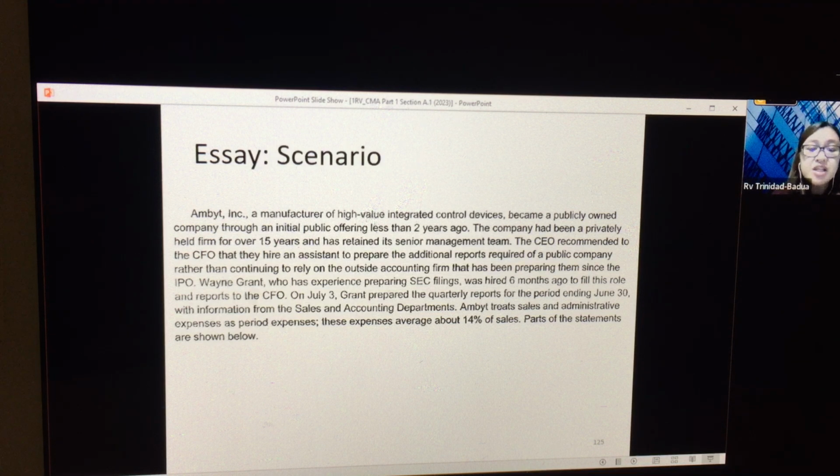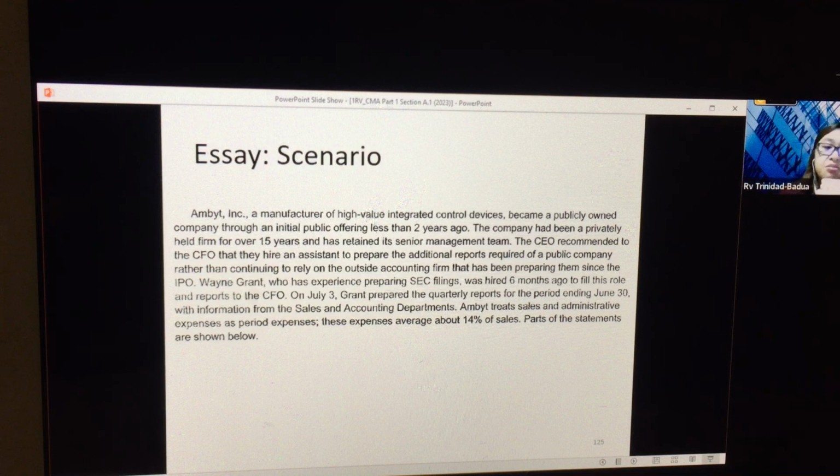Wayne Grant, who has experience preparing SEC filings, was hired 6 months ago to fill this role and reports to the CFO. On July 3, Grant prepared the quarterly reports for the period ending June 30 with information from the sales and accounting departments. Ambit treats sales and administrative expenses as period expenses, and these expenses average about 14% of sales.